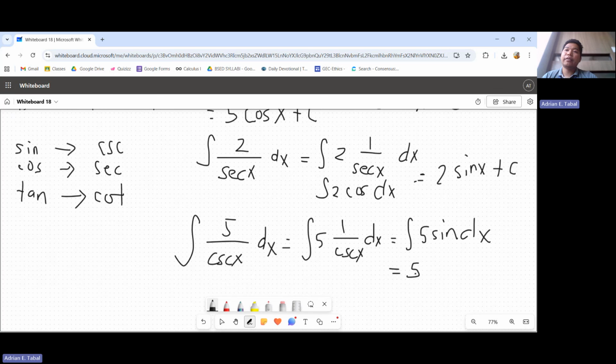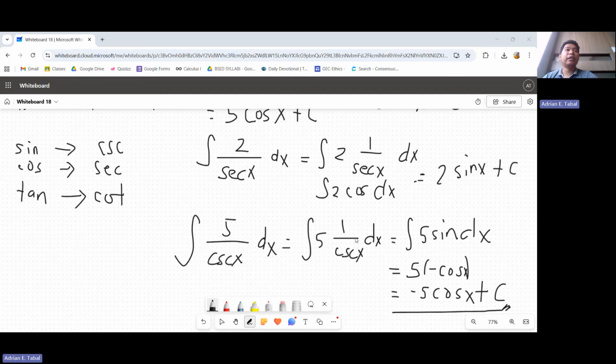Integrate, copy 5. The integral of sine is negative cos. Simplify, that's negative 5 cos x plus c. And that is how we integrate trigonometric functions.